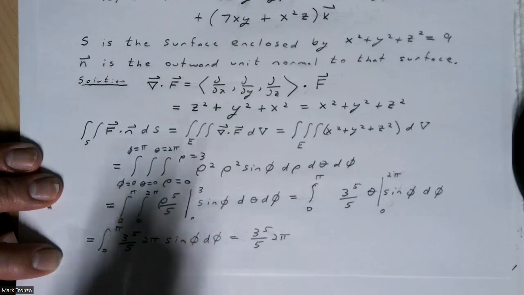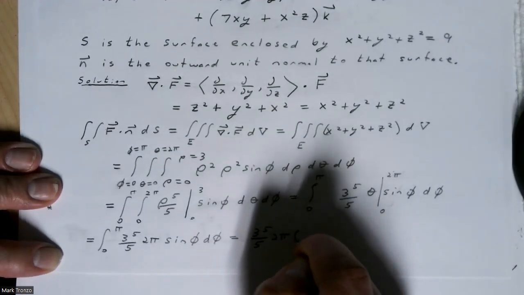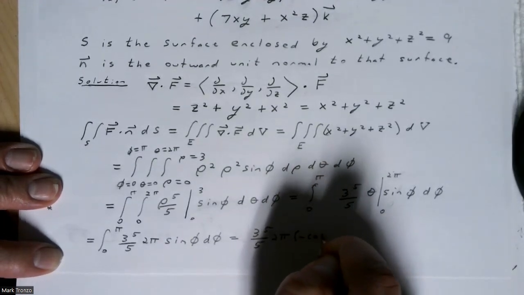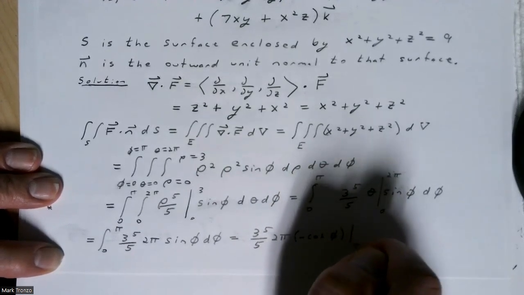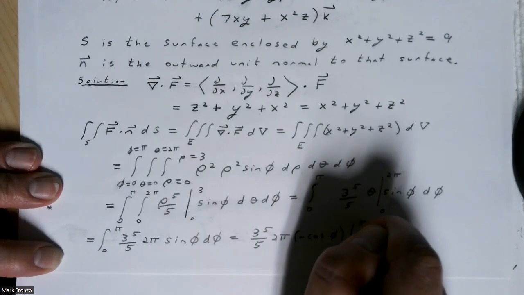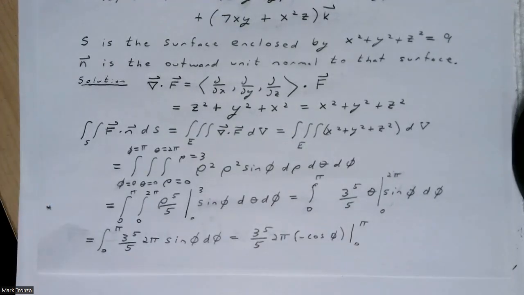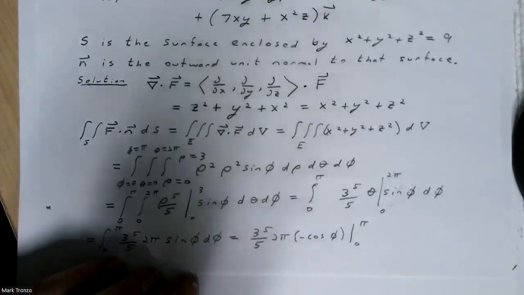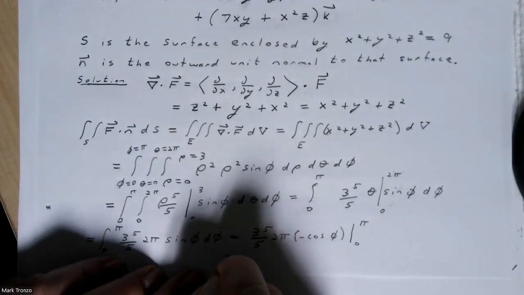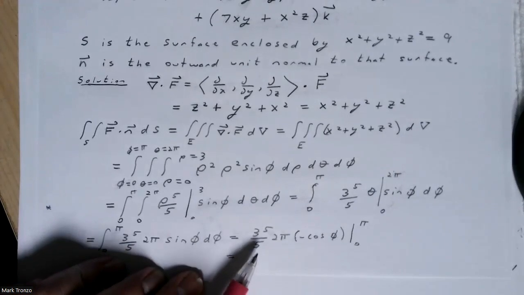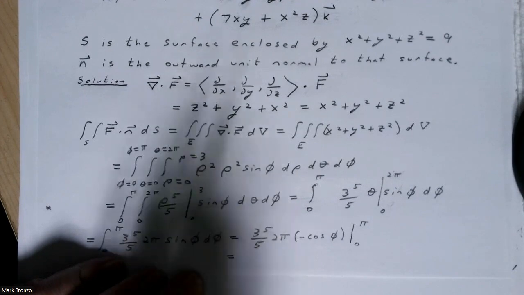The sine will go to a negative cosine, evaluated from 0 to pi. And then what we're going to have will be, this will all stay here.